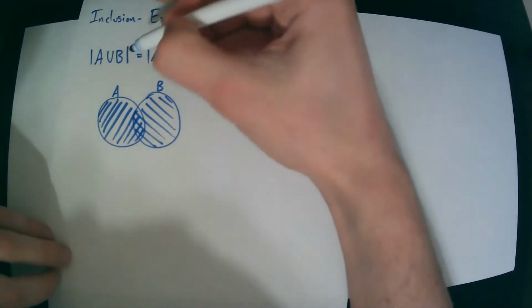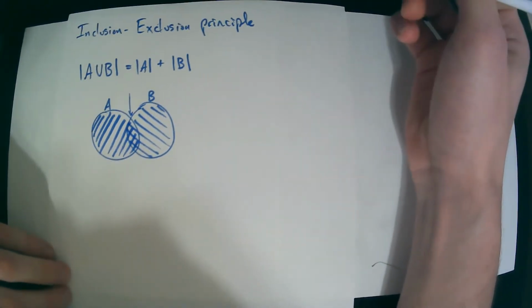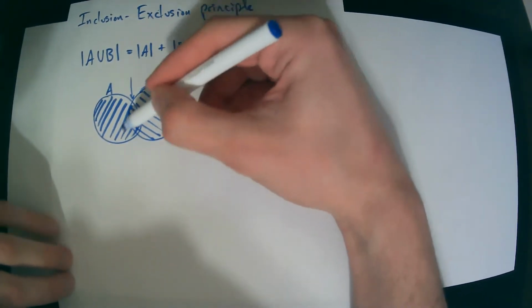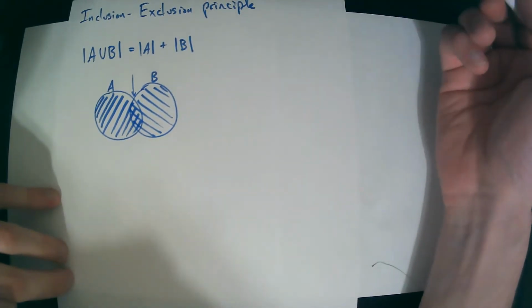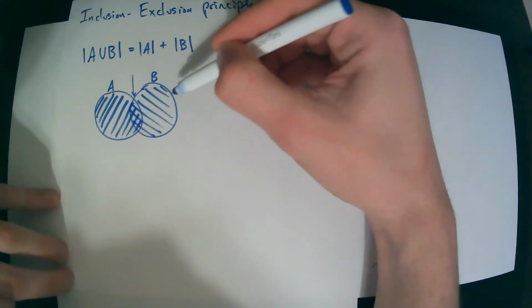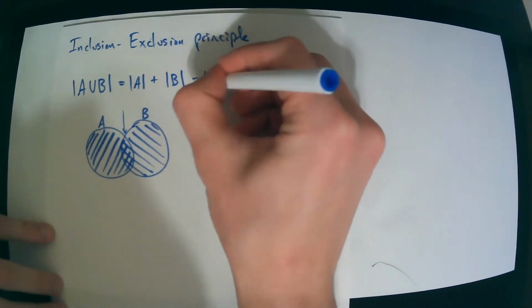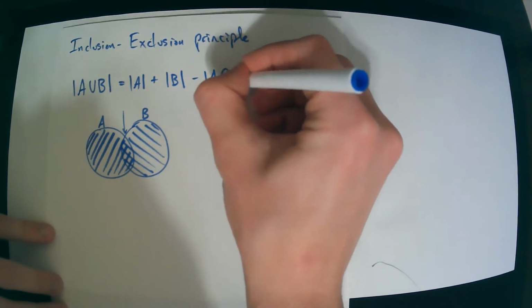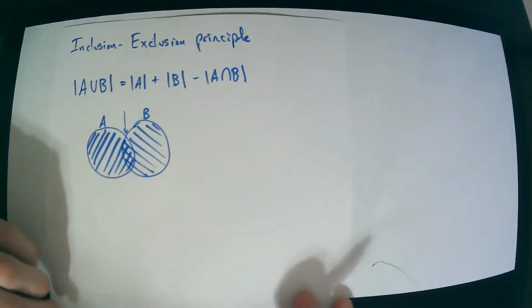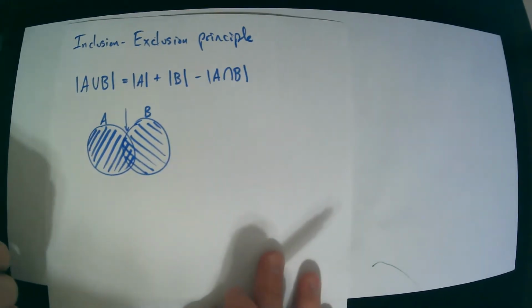The problem is I've double counted that area right there, which is the intersection of A and B. I've counted it twice. I counted it when I got A, and I counted it when I got B again. So what I have to do is account for that by removing the intersection of A and B. So this is the inclusion-exclusion principle.